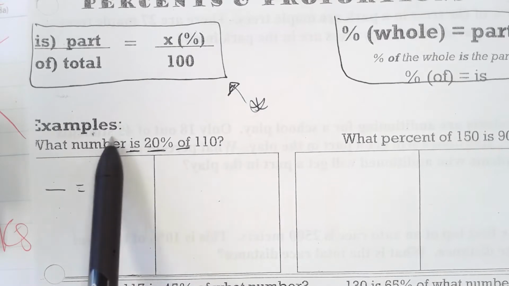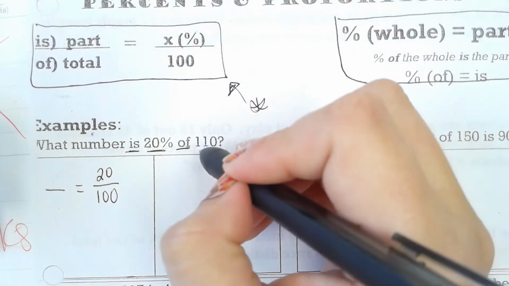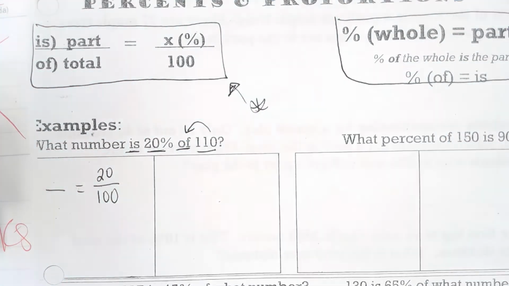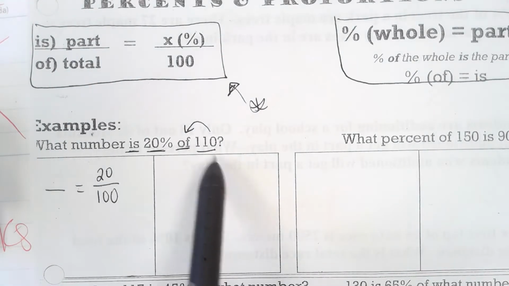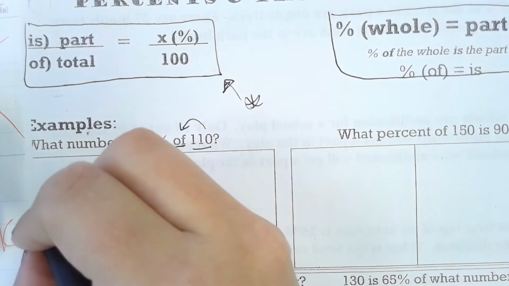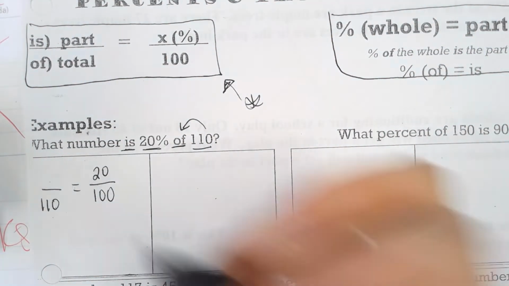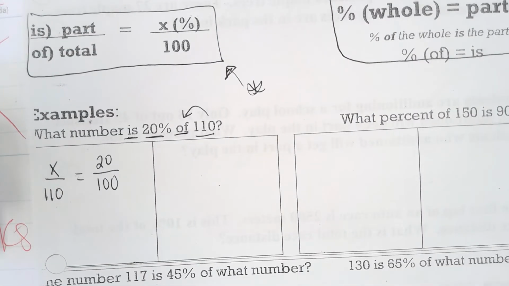We are trying to find the is here. And then the of 110, if you notice, the 110 is right after the of, which means that this 110 is talking about the total. So I'm going to plug in 110 for of in my formula. So that's on the denominator in the bottom. And then we're trying to figure out what number is. So x goes in the numerator there.